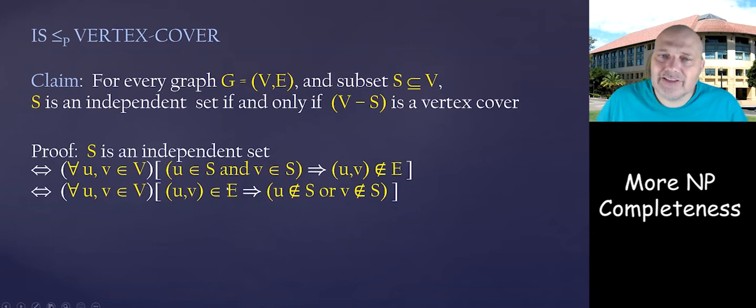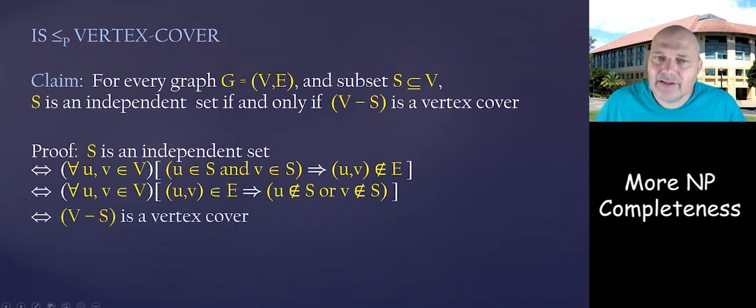So this is the contrapositive of the first line. And this is exactly what it means for V minus S to be a vertex cover. Every edge has one of the vertices outside of S. In other words, every edge has one of the vertices in V minus S.